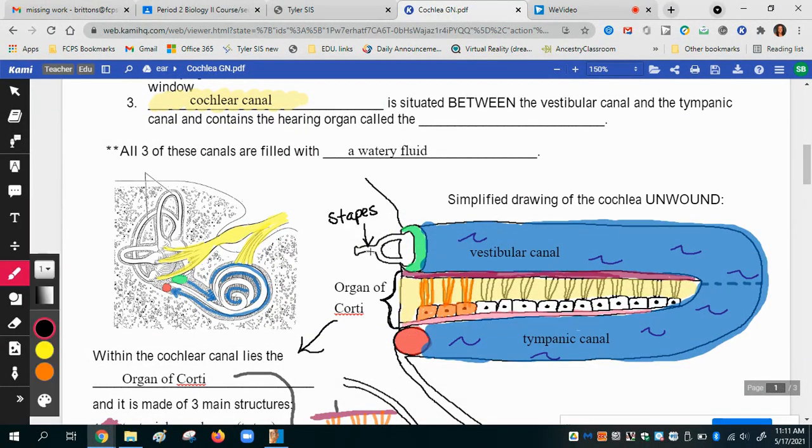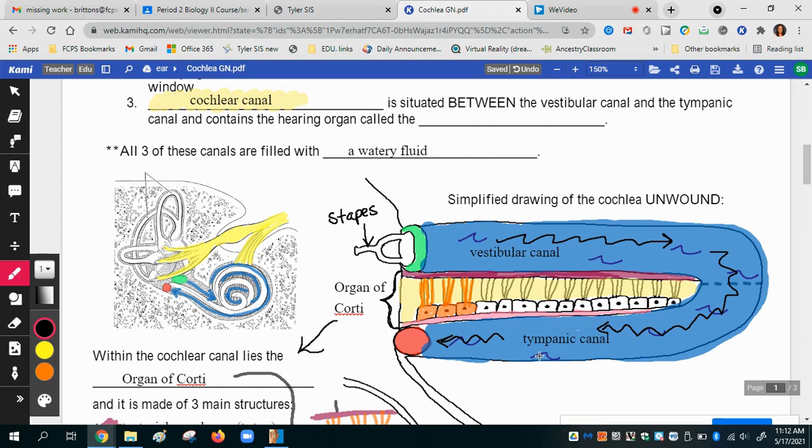So if this stapes is vibrating back and forth and this oval window is a membrane-covered opening and that also vibrates, that's going to create waves in the fluid of the vestibular canal. And those waves are going to travel all the way around this spiral to the middle, and they're going to continue on through the tympanic canal until they get to the round window. And then the round window is going to act like a dampener. It's going to absorb the pressure of those waves.